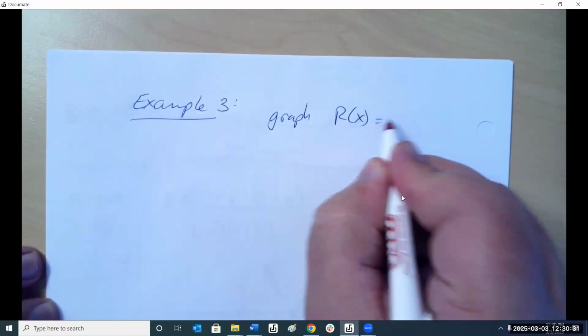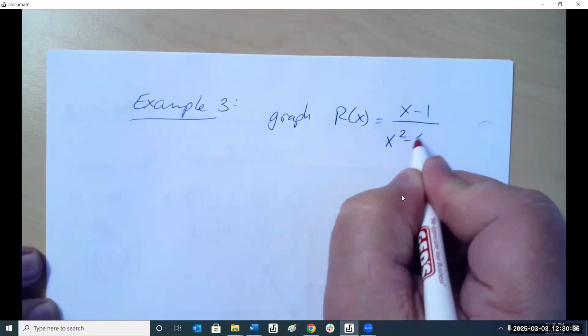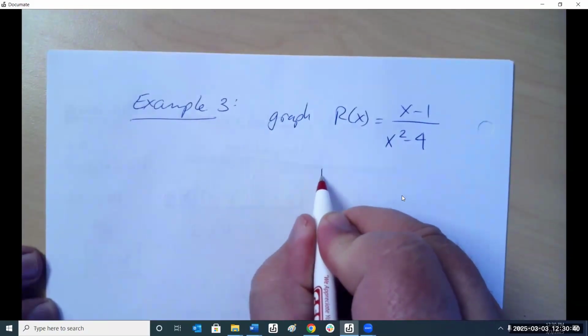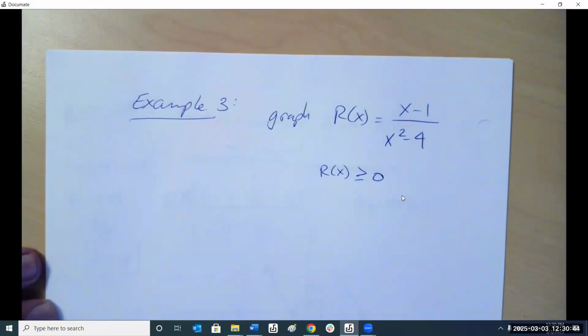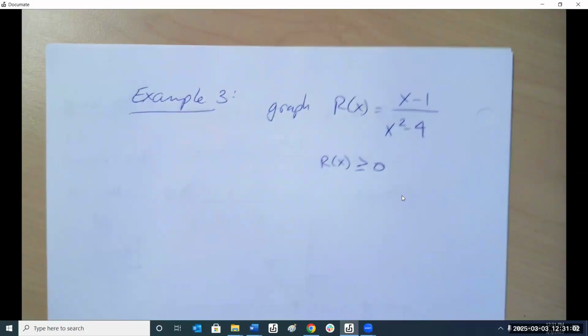Graph this function. What's my first step?